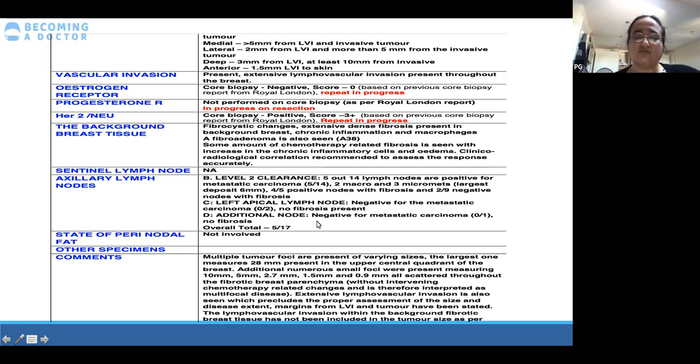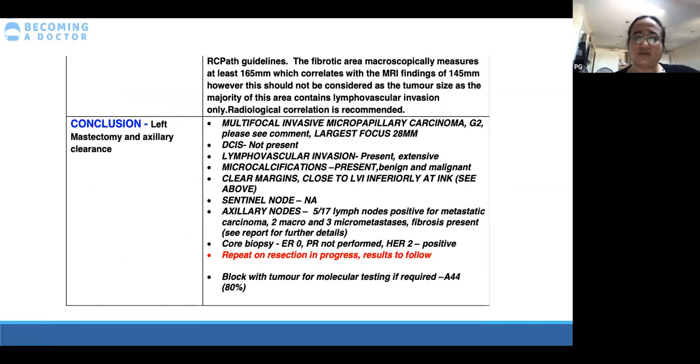So this is all information that the oncologist will need to decide what treatment they are going to have. And so this is the conclusion here with everything summarized. And you can see here that this highlights the gatekeeper aspect, because we're basically saying what block of tumor is appropriate for molecular testing.